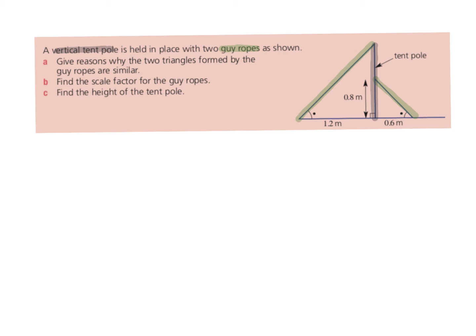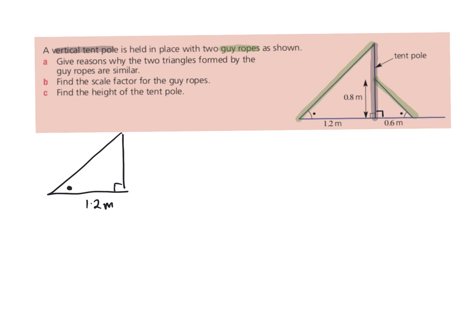So let's have a look. Now, if you look over here, this is also a right angle, isn't it? Yeah? So if I draw them out, the big one has 1.2 meters and it has this angle here.